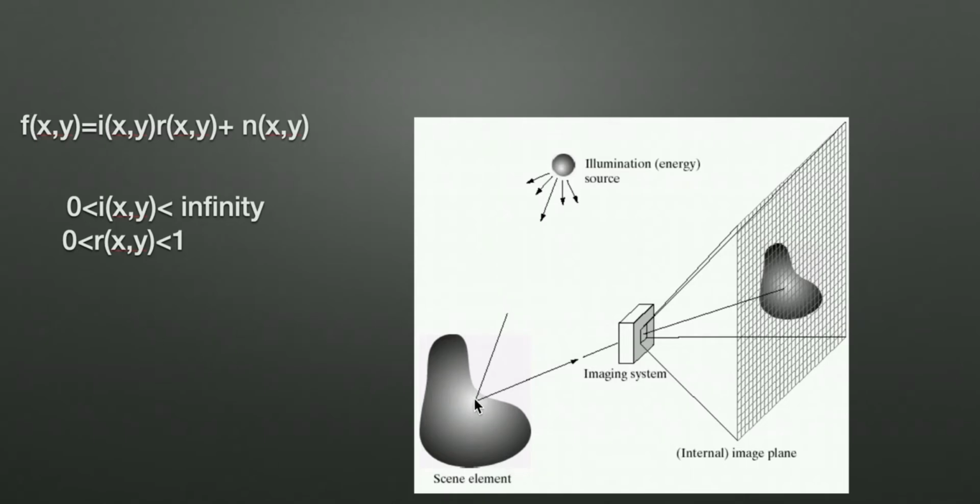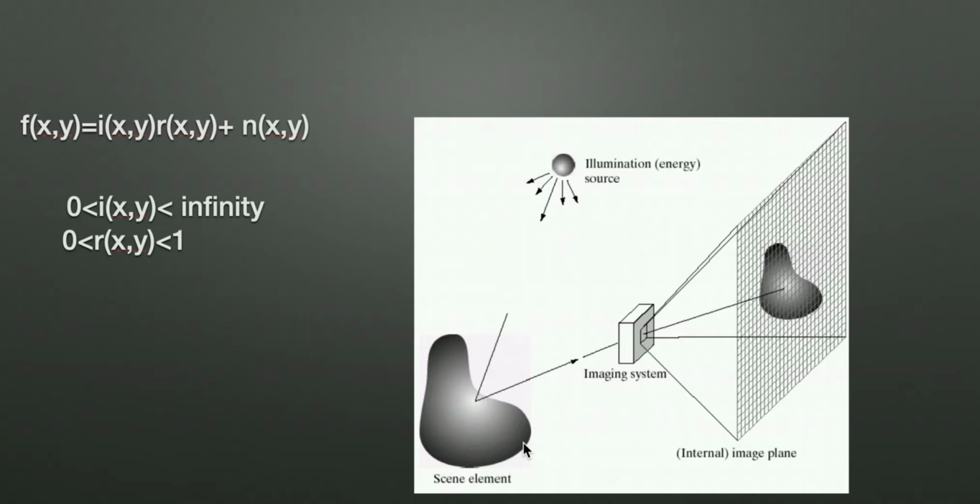The amount of light could be anywhere between 0 and infinity. You do not have a negative light source as of now. So the darkest is considered to be 0, and infinite means it's the brightest. It's an assumption. So that's the illumination source.